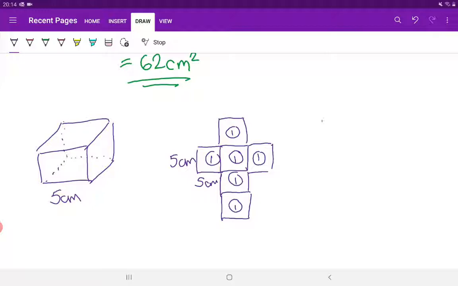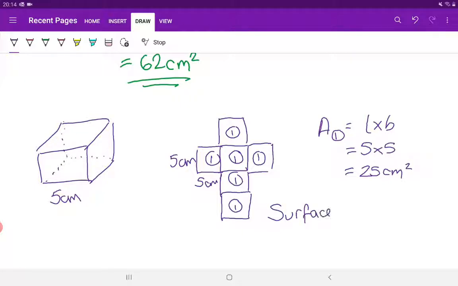So actually, if we work out the area of that square, which is going to be length times breadth, which is 5 times 5, which is 25 square centimetres, then to get the total surface area, we just need to do 6 of them. So it's a wee bit of a quicker calculation. That's why I wanted to show you this, just to make sure you spot that.